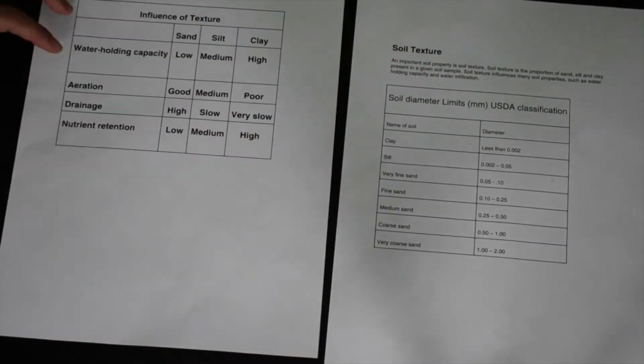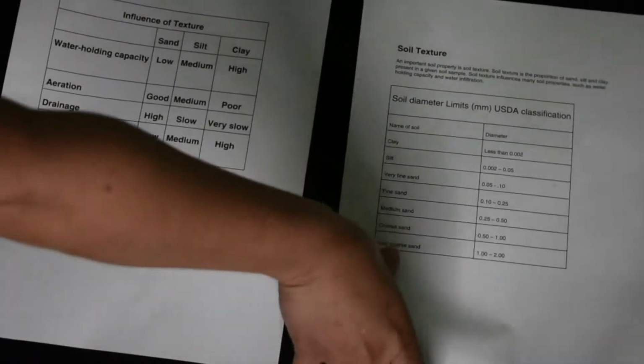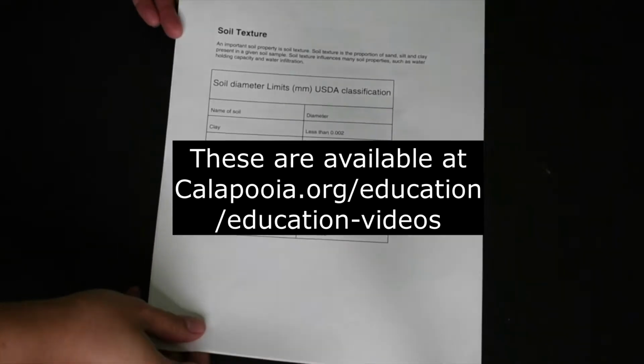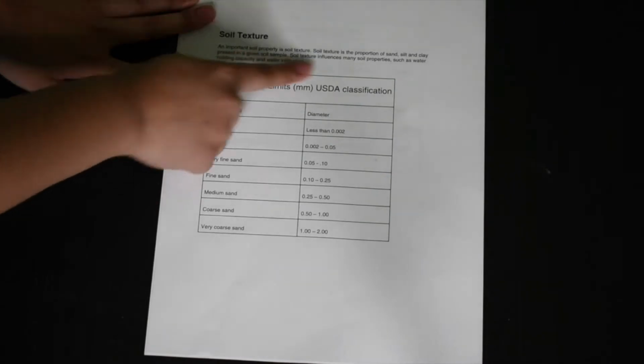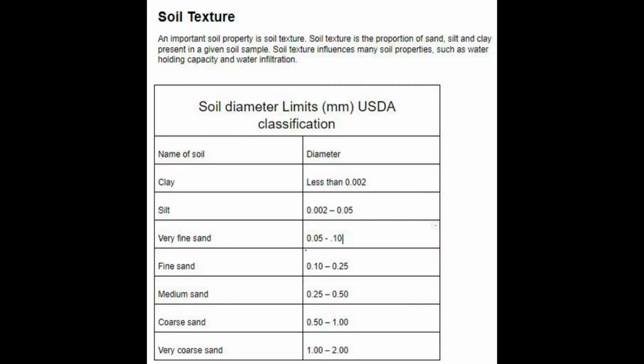Here I have the influence of texture chart and soil texture table in front of me. We're going to be talking about the soil texture first and continue using this as a reference as we continue on with this activity. So again, soil texture is the amount of sand, silt, and clay in a given soil sample. Here you have the name of a soil in one column and the diameter or size of the soil in another column.